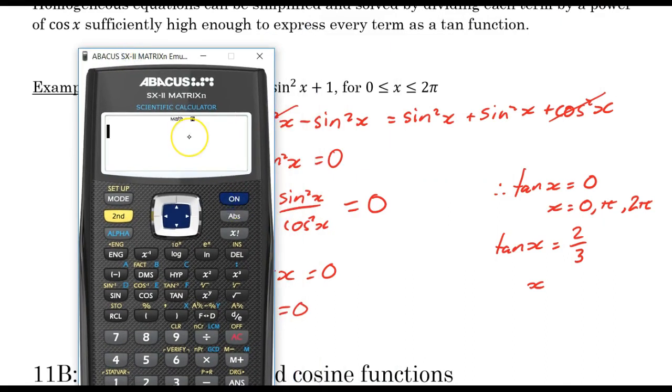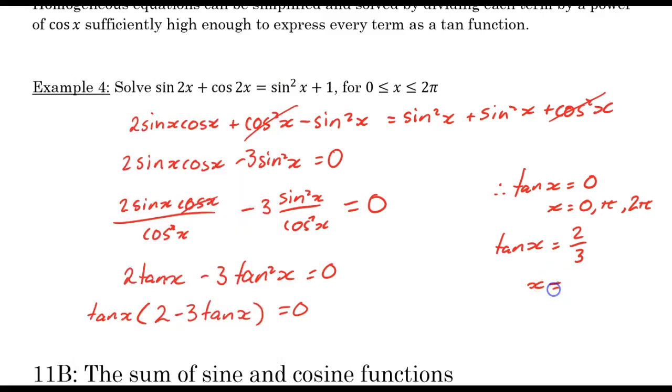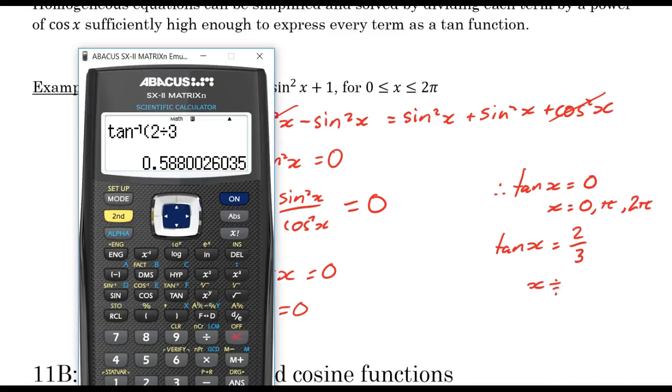Check that we're in radians, because I am providing x in radians, the inverse tan of 2/3. So, I'm after a positive answer, so tan will be positive in the first and third quadrants. So, let's go inverse tan of 2/3. Approximately equal to, what was that number again? 0.588.